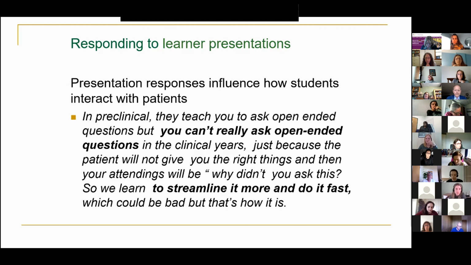Because part of what we know is the way a supervisor responds to a case presentation for learners can influence how they approach their interactions with patients. And I know you can read faster than I can talk, so I'm just going to take a minute and let you read this quote, which I think is very telling.